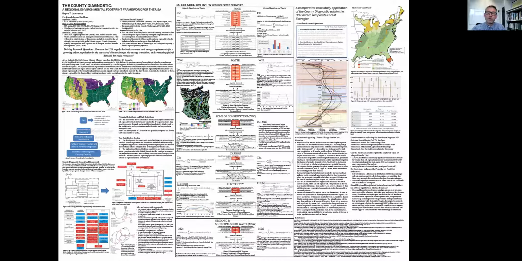To understand the performance of the county diagnostic method and how county-wide balance is affected by ecoregions, the county diagnostic is compared in a 6-county case study, with each county from a different level 2 ecoregion within the Eastern Temperate Forest. The vertical waveform diagram for each county is overlaid in figure 19, where you can see that each county performed a bit differently, and no counties were positive in all categories.